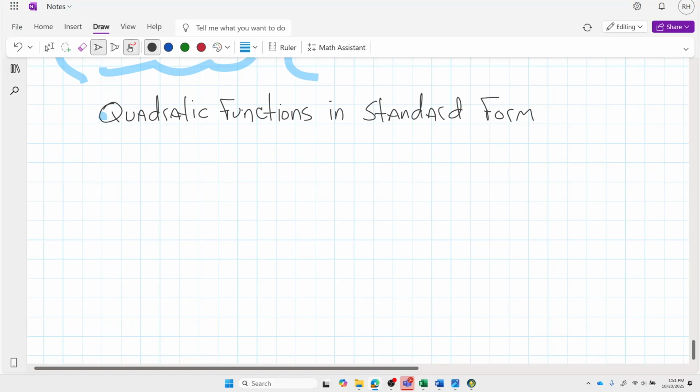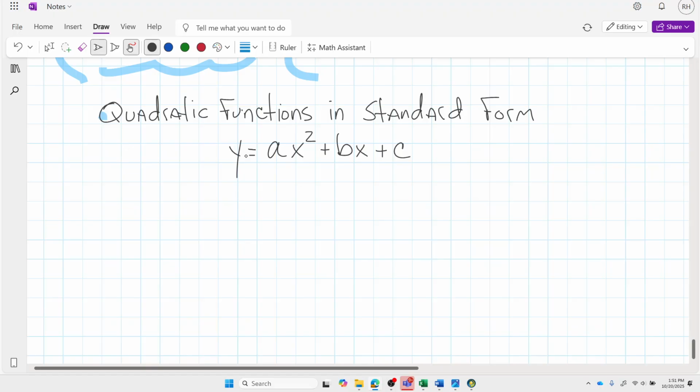Quadratic functions in standard form. And the standard form of a quadratic function is f of x or y is equal to ax squared plus bx plus c.